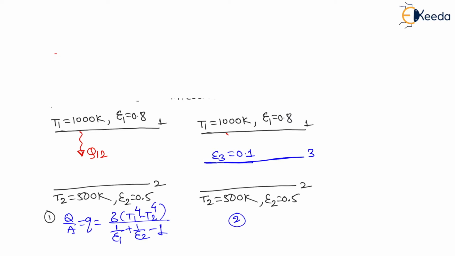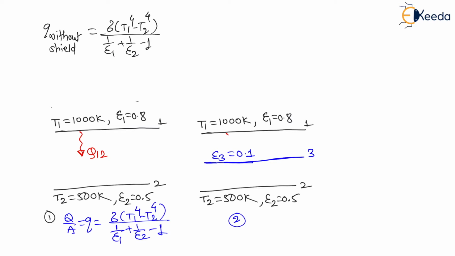Therefore the heat transfer rate per unit area, that is heat flux without shield, Q without shield, is equal to sigma (T1 to the power 4 minus T2 to the power 4) divided by (1 upon emissivity 1 plus 1 upon emissivity 2 minus 1). This is a simplified version of the formula.